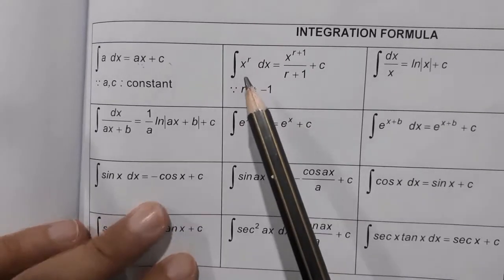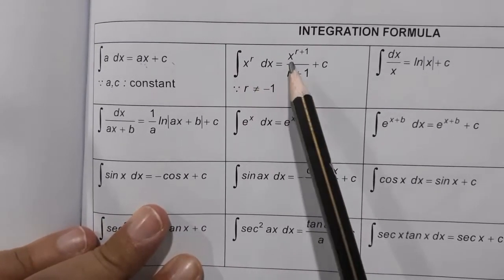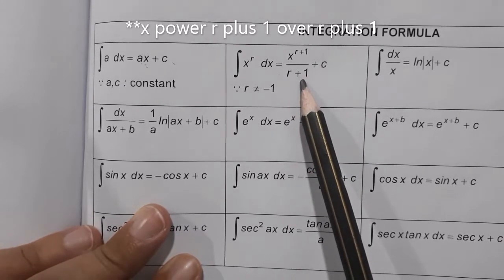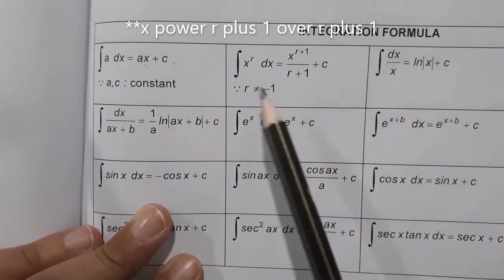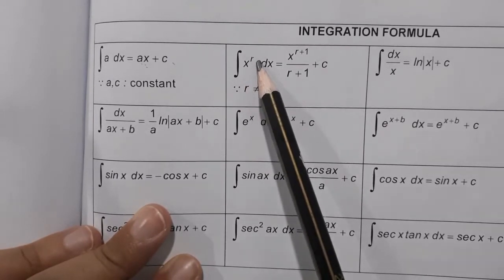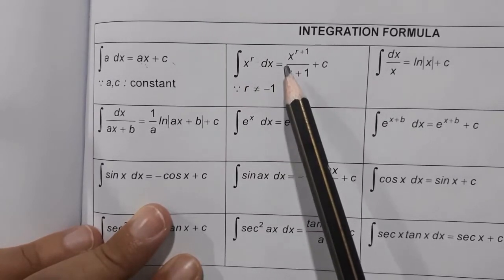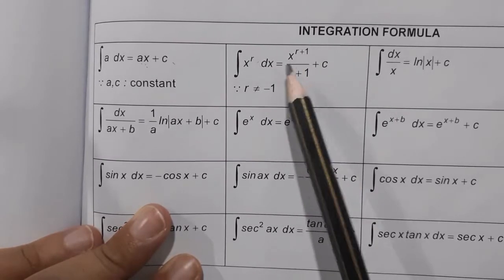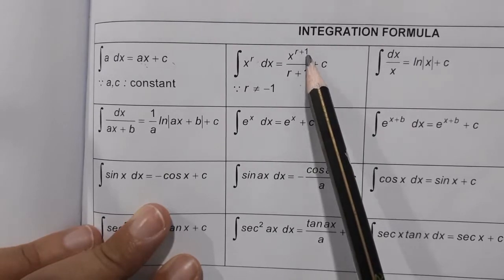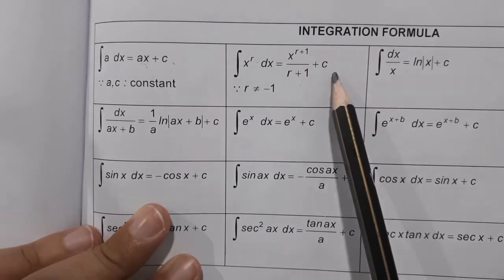Number 2, integrate x power r equals x power r plus 1 over r plus 1, plus c. For example, if you want to integrate x power 2, the answer is x power 2 plus 1 over 2 plus 1. So we get x power 3 over 3 plus c.